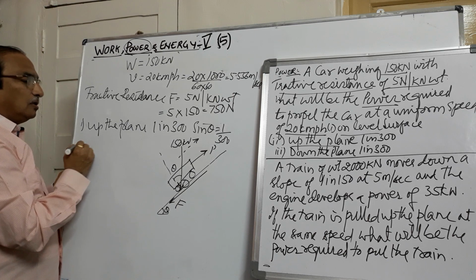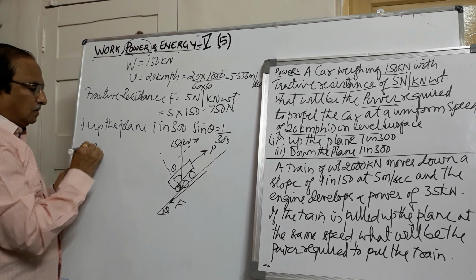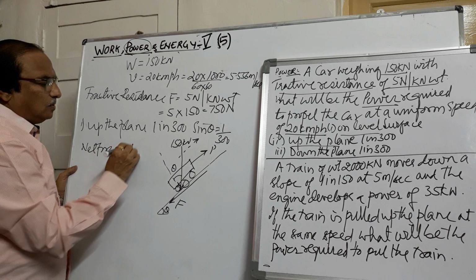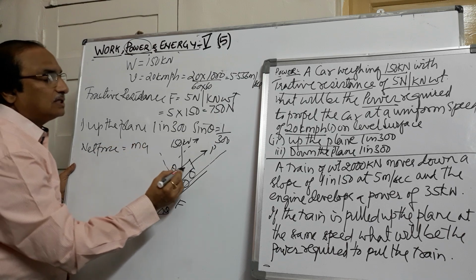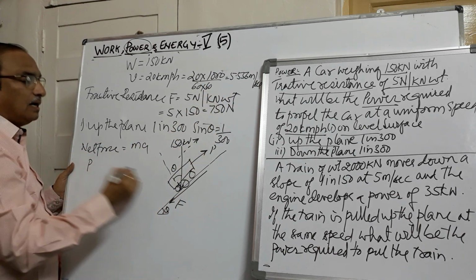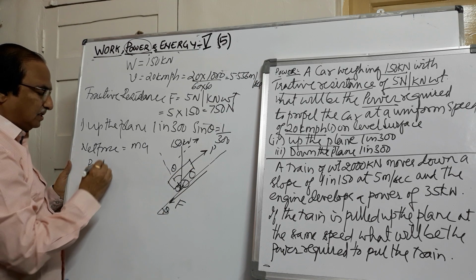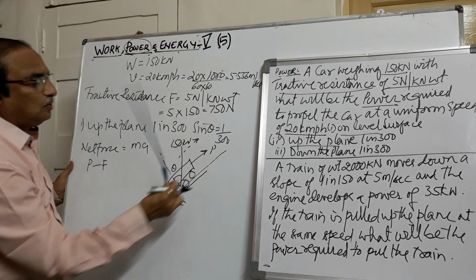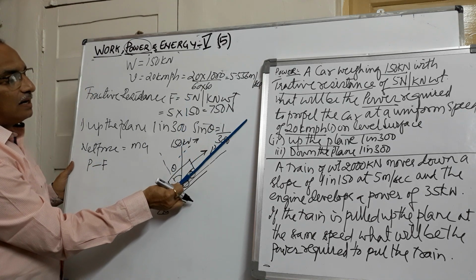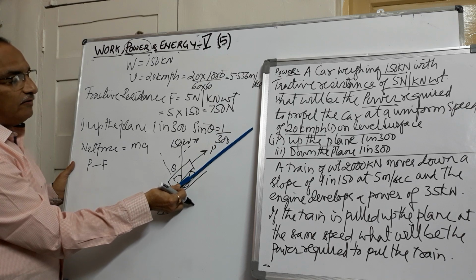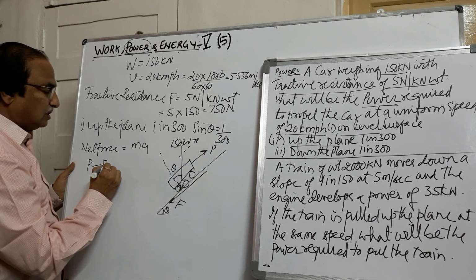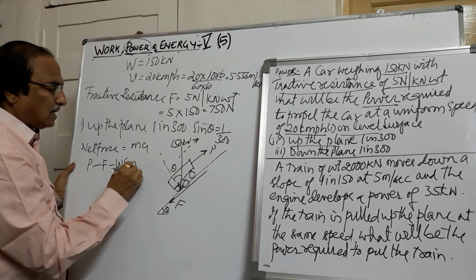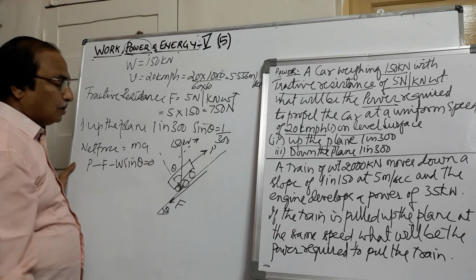Now let us resolve the forces. Net force is equal to MA. So net force, it is acting up, P, this is down, minus F, and this force W, if I resolve it parallel to the plane, it will be going down the plane, so this will be minus W sin theta is equal to 0.